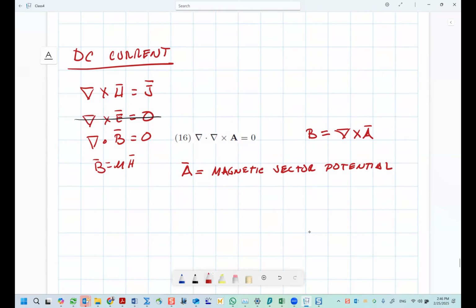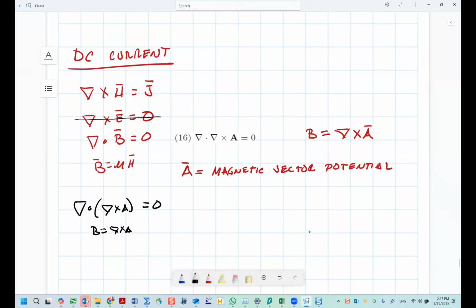Why is it that I can substitute this here? Because if B is coming from that, so the divergence of B is equal to 0, which means B is equal to the curl of A. If that happens, it's fine.